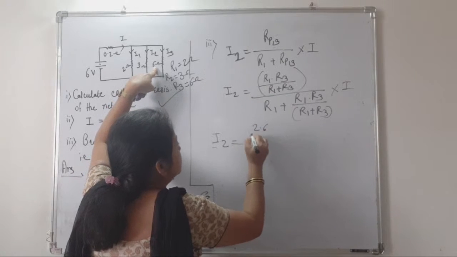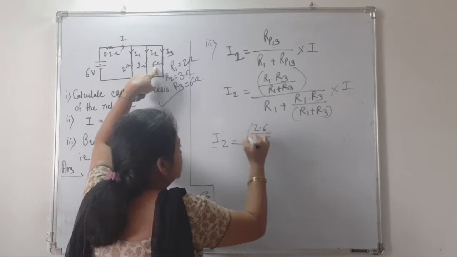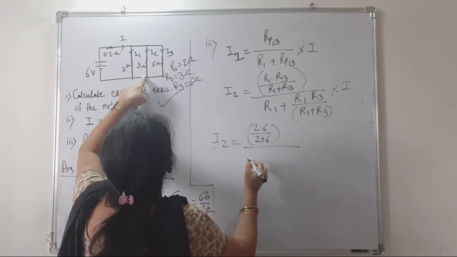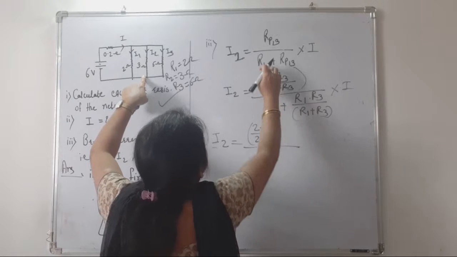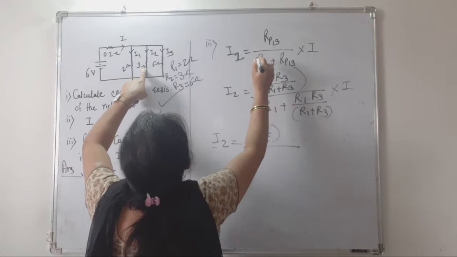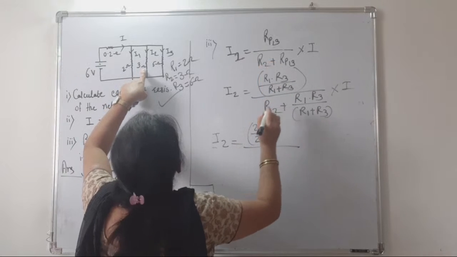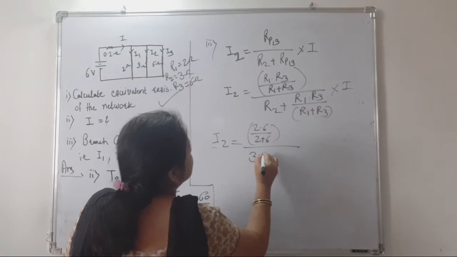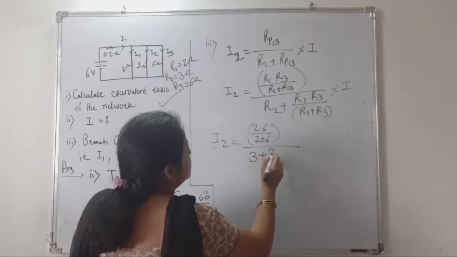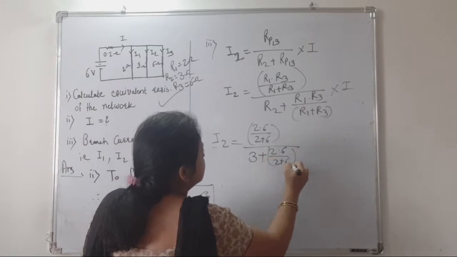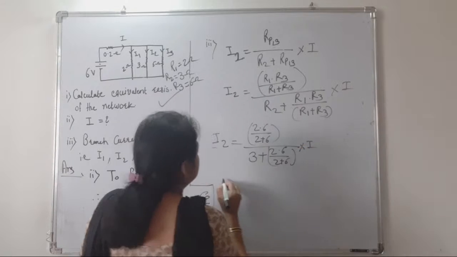Therefore 2 into 6 upon 2 plus 6, upon, sorry, not R1. We have to calculate I2, na? Here your R2. R2 is what? 3. 3 plus 2 into 6 upon 2 plus 6 multiply by I.